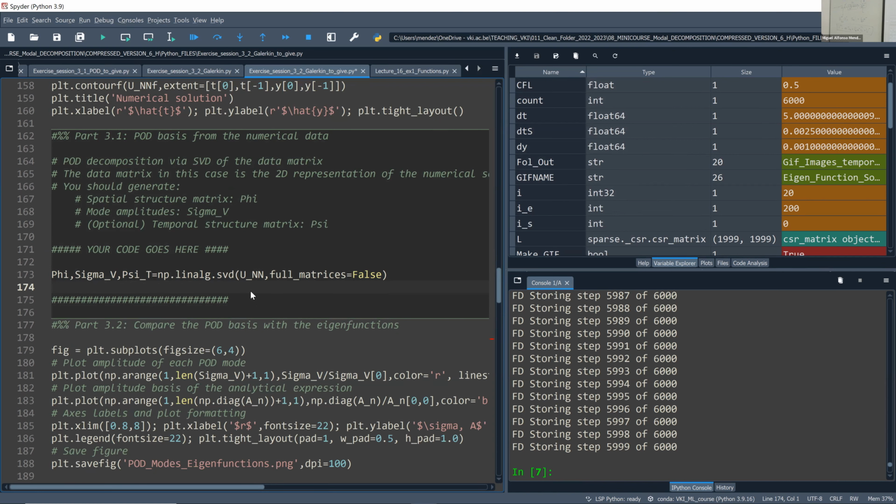Now, what is the most important thing that you will look at? First, I will look at the sigma. You look at the sigma, plot them.